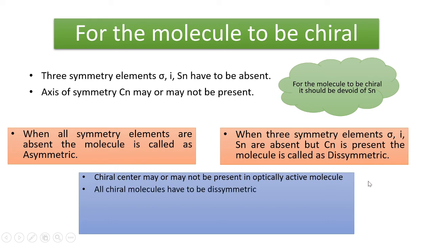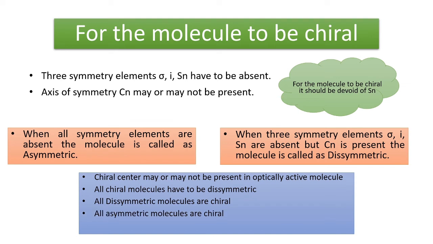Second thing, all chiral molecules are dissymmetric. Remember, what is the difference between asymmetric and dissymmetric? They differ by the Cn axis. But what is common between them? They don't have these 3. That means I can even call the asymmetric as dissymmetric, but I cannot call dissymmetric as asymmetric. All dissymmetric molecules are chiral in nature.